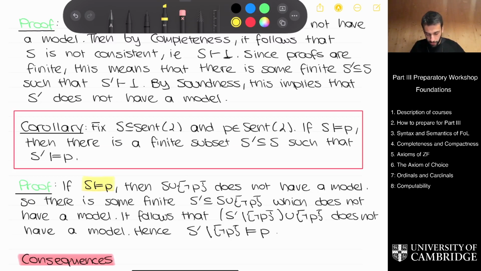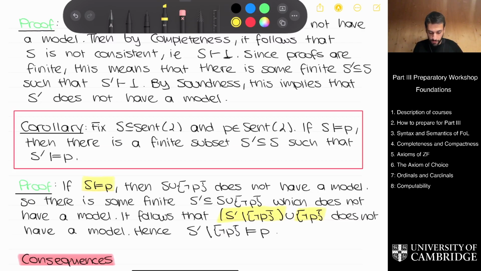Therefore, if you consider S prime taking away the negation of P, because that's literally just S prime with it added back, that does not have a model. And therefore, it follows that S prime take away the negation of P models P. Okay, why is that?